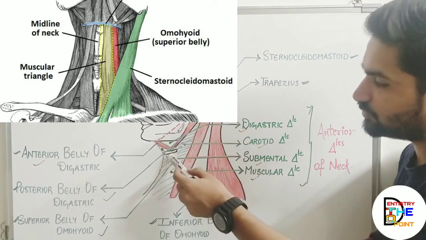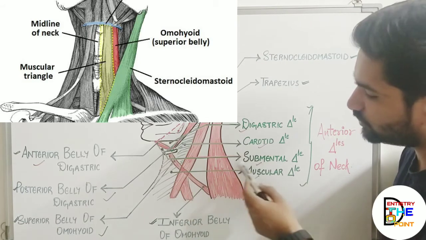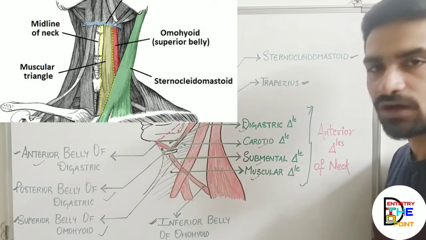The rest is going to be formed, posterosuperiorly and posteroinferiorly, by the superior belly of omohyoid and the sternocleidomastoid muscle. So I hope this is clear.